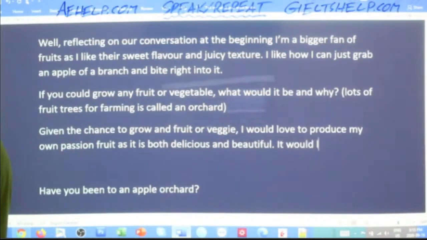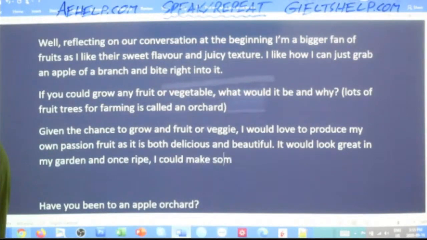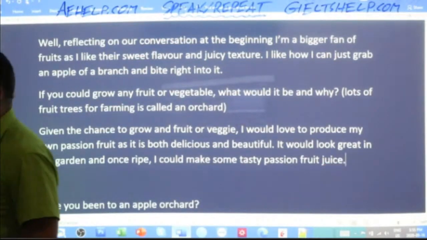It would look great in my garden, and once ripe, I could make some tasty passion fruit juice. Oh, I love passion fruit juice. If anybody's had it, then you'll know what I'm talking about.